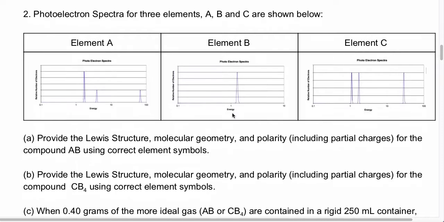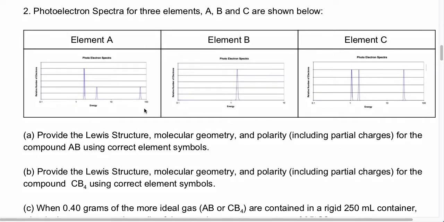So we have photoelectron spectra for these. We see that this is the high side and the low side simply because the numbers are high. So let's go ahead and just decode these real quick. This is going to be 1s2. You always start with 1s2 because it's closest to the nucleus. This is 2s2. That would be 2p2, 2p4, 2p5.